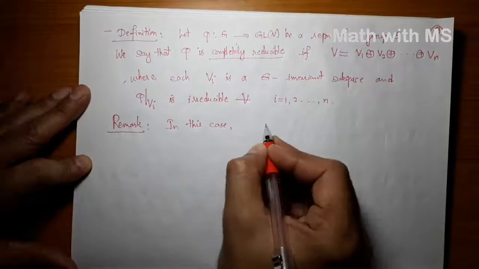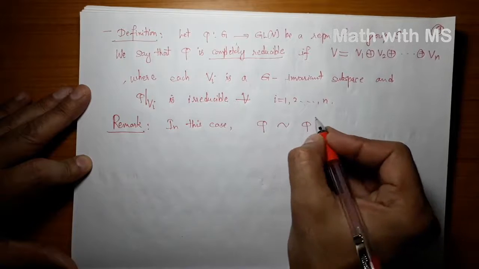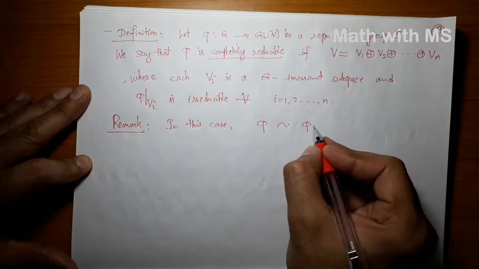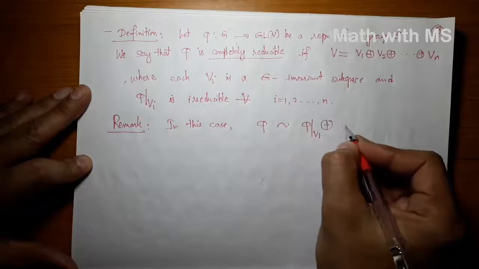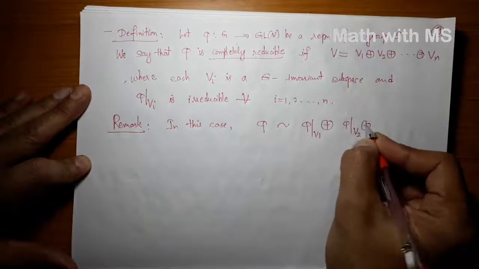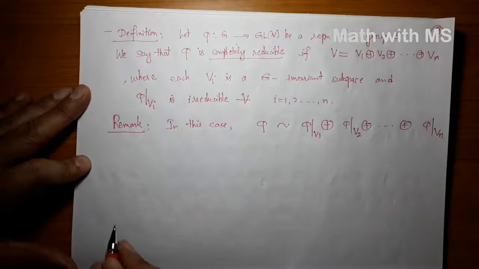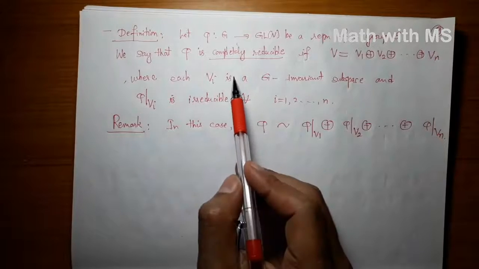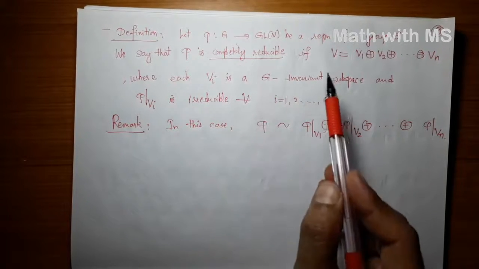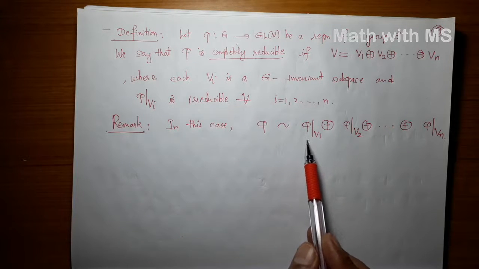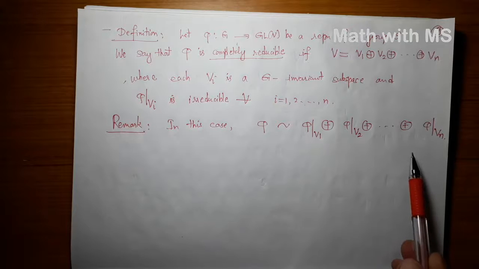In this case our representation phi is equivalent to phi restricted to V1, direct sum, phi restricted to V2, direct sum, and so on. So in other words, a representation is said to be completely reducible if it can be written as a direct sum of irreducible sub-representations.